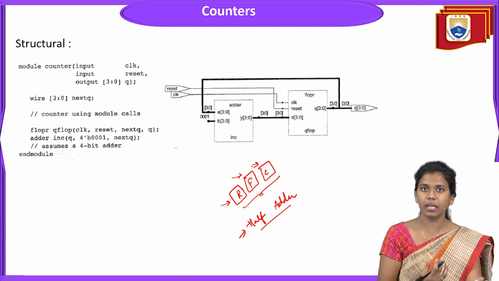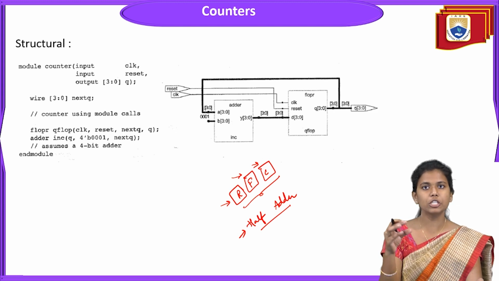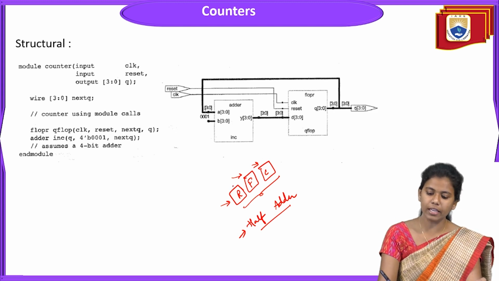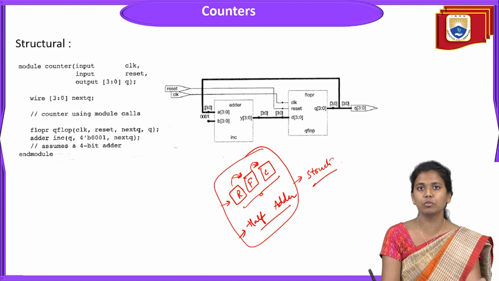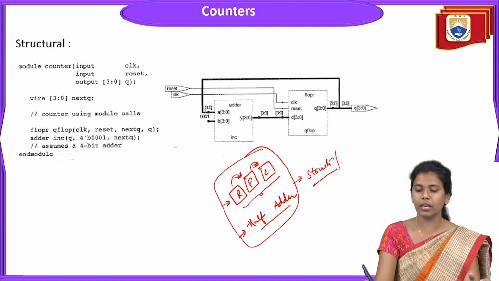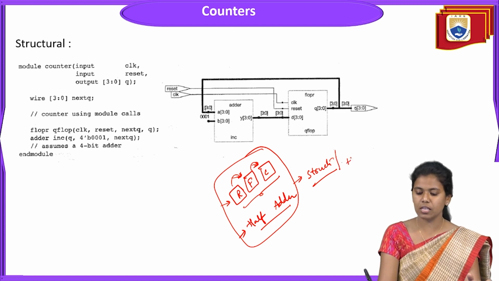A designer should first build the small components, and then, connecting all the components, he can form a structure, and we name that structure a half adder.